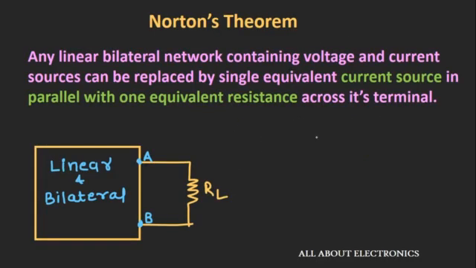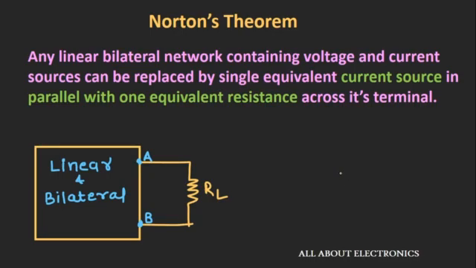So before I end this video, let us briefly see Norton's theorem, as this theorem is the dual of the Thevenin's theorem. So in the Thevenin's theorem, we had seen that any linear bilateral electrical network can be converted into an equivalent voltage source in series with an equivalent resistance.